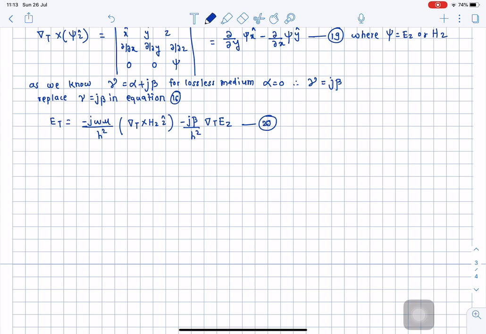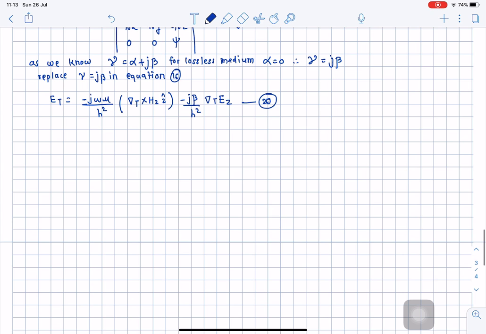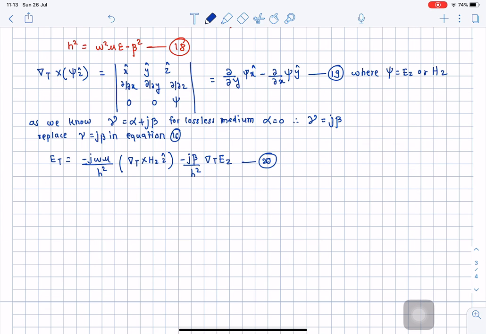Now, we took the cross product of two vectors with this matrix notation. The cross product of two vectors is shown over here with this matrix operation. Similarly, we can take the dot product with two vectors.